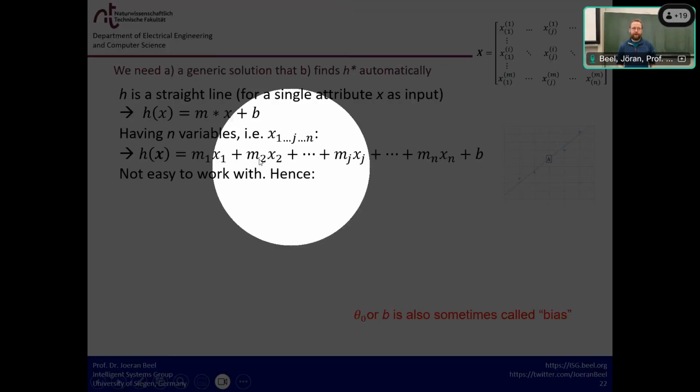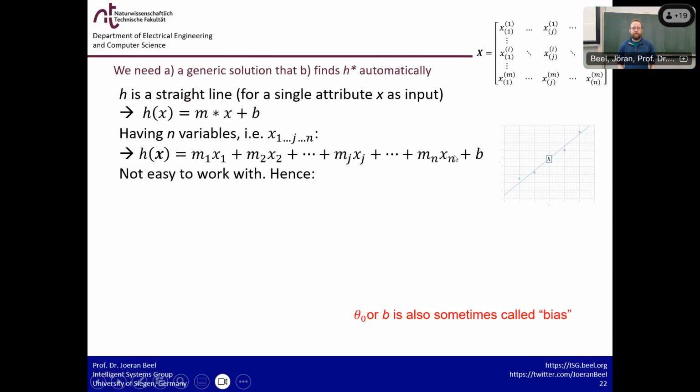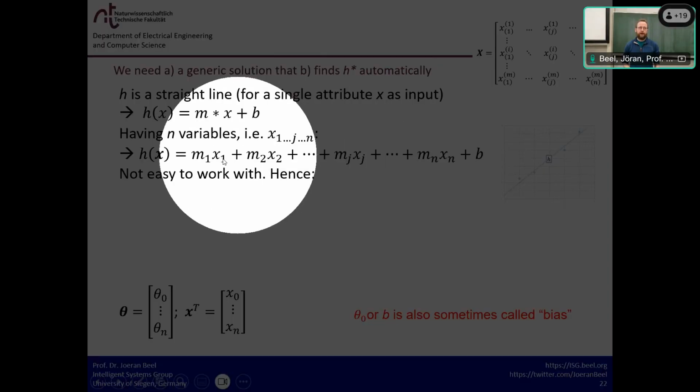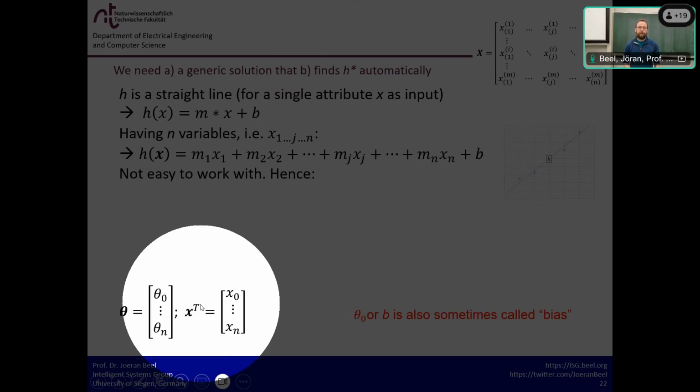So working with this function here is not easy, at least not in the way that we want to do this. So we must make it simpler. Where we want to go to, I give you 5 minutes to think about how can you get from here to here.